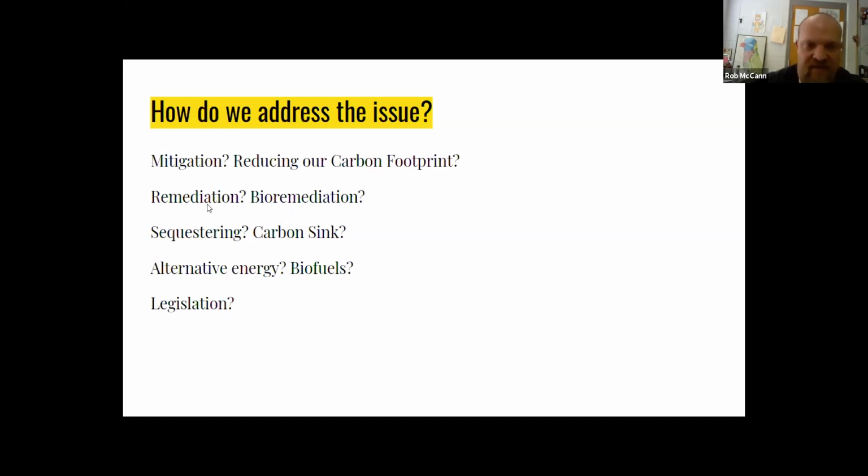How do we remediate to that? And that's what remediation is. Okay, and we use bioremediators all the time, and you guys just don't even realize it. We use bioremediation in our wastewater. We use bioremediation on oil spills. We are constantly doing some form of remediation to the environment all the time.